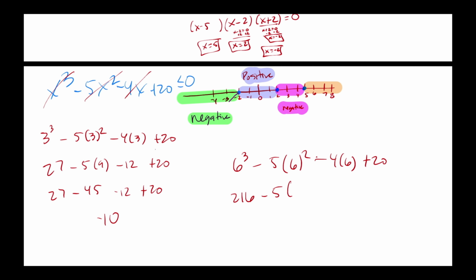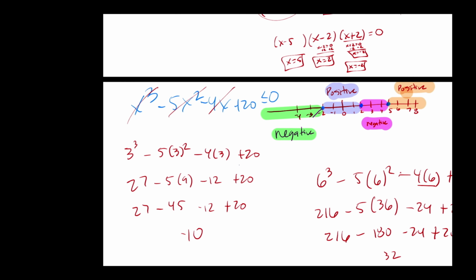Minus 5 times 36 is 180, minus 24 plus 20. If I put that in my calculator, 216 minus 180 minus 24 plus 20, I get 32. So that's positive, and my orange area is positive.